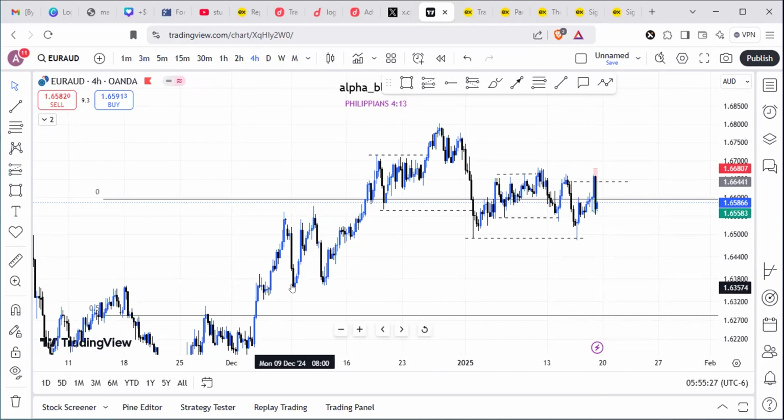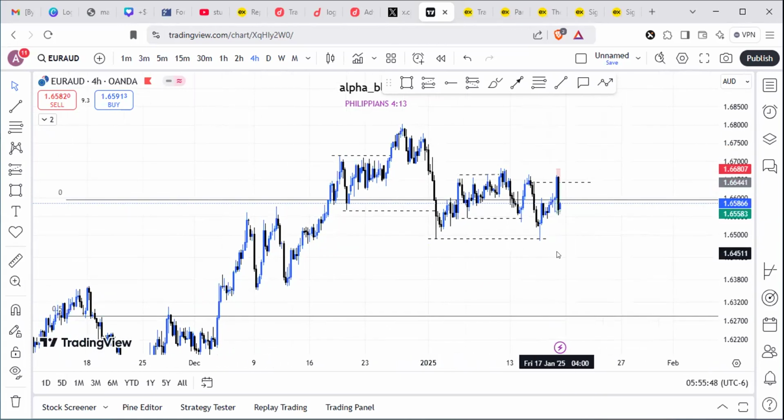You see a low, a high, a low, a higher high, like that. But then when it got to this point, it printed a high at this level, but then it printed a lower low. So it took out the liquidity and printed a lower low. So I now knew that the market structure had changed for us to see some bearish move, right?